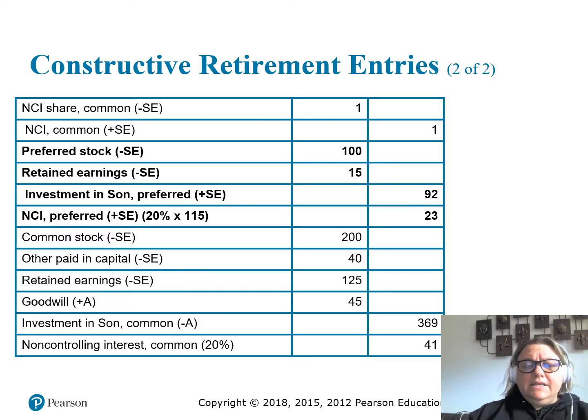All right, once again, you can kind of see the breakdown and how we got to the final investment in Sun and non-controlling interest using the journal entries right here. And from the previous, also you can see here where we had the preferred and retained, crediting the investment, and then crediting the portion of non-controlling interest.